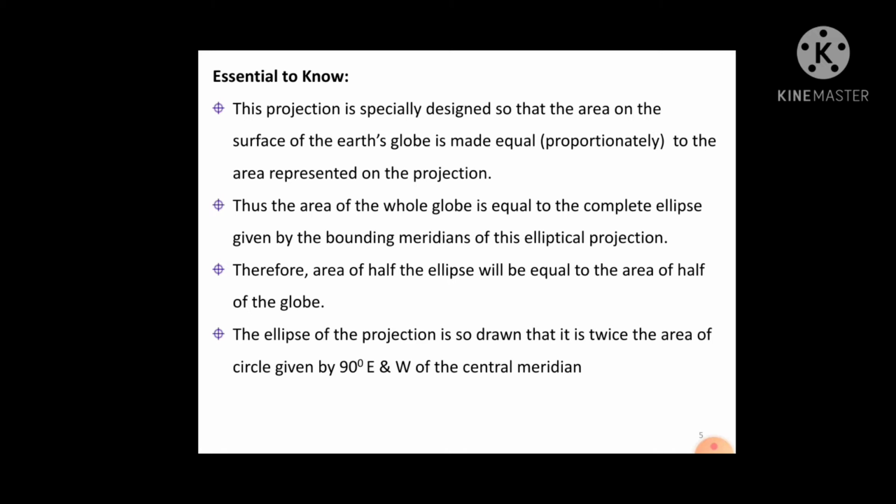Thus, the area of the whole globe is equal to the complete ellipse given by the bounding meridians of the elliptical projection. Therefore, the area of the half ellipse will be equal to the area of the half globe. The ellipse of the projection is so drawn that it is twice the area of the circle given by 90° east and 90° west of the central meridian.